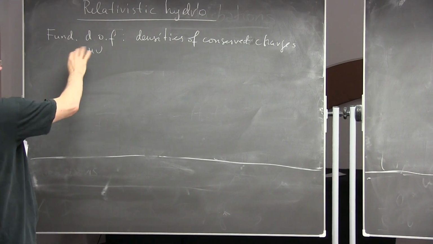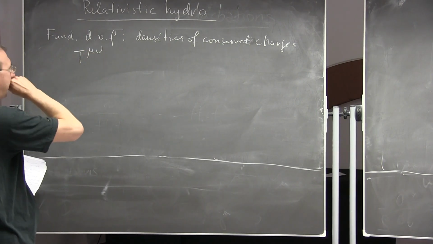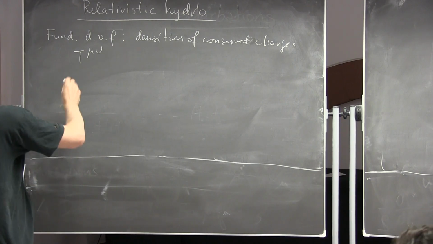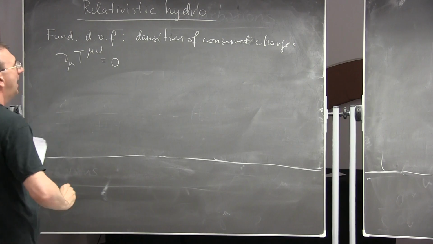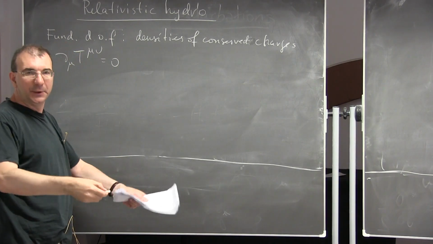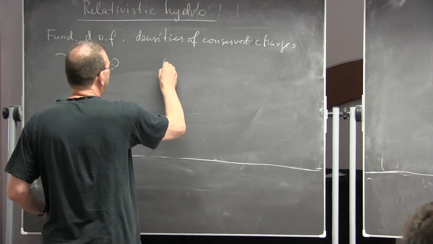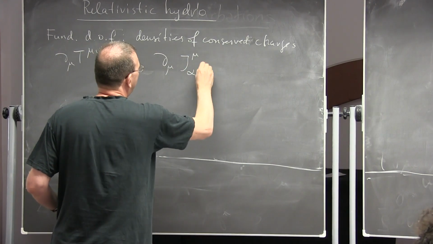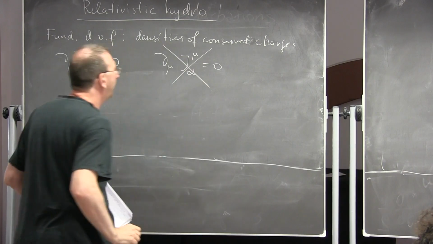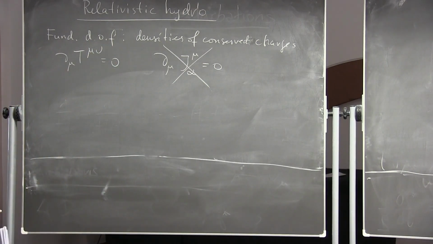Remember, everything without hats will denote expectation value of our operators, and so this quantity is conserved. I can have other conserved charges in the game. So, for example, I can have some conserved current, maybe not one, right? Maybe there are several conserved currents, but for simplicity, I will not consider them here.